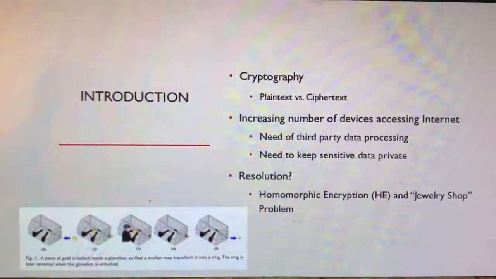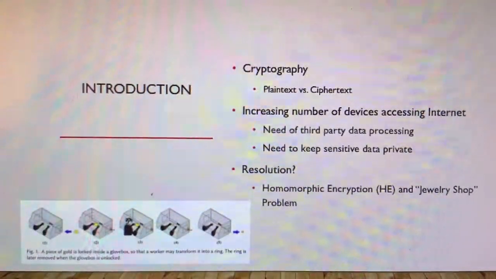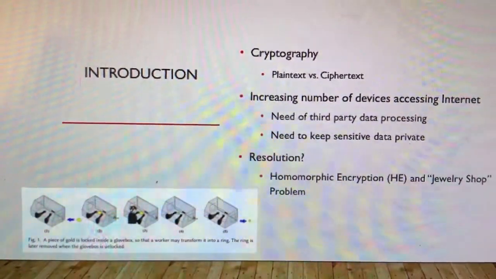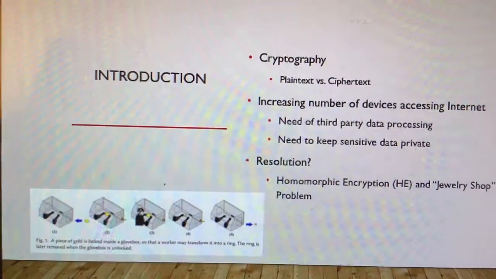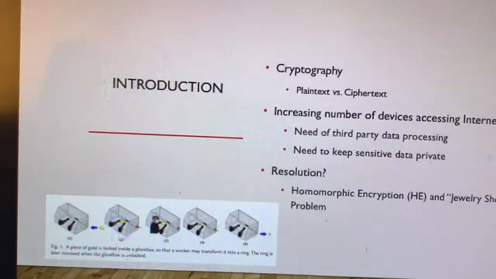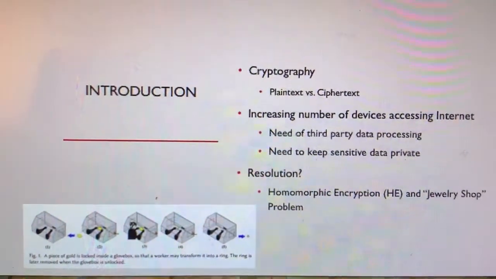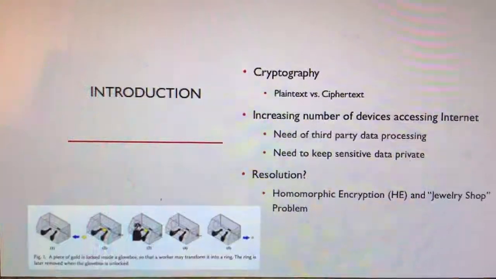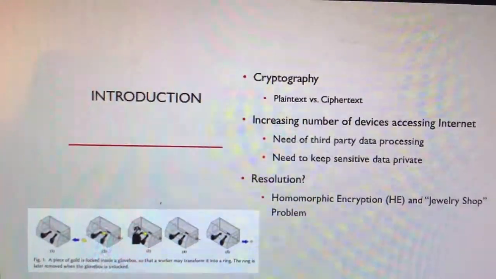And inside the glove box are the raw materials, which is your initial data, and the tools are the actual data encryption. Now, the necklaces and the rings in this example, which are retrieved by the owner with her key, are the final computation from the encrypted text, basically the computation that is desired.